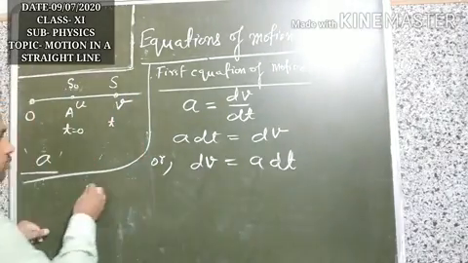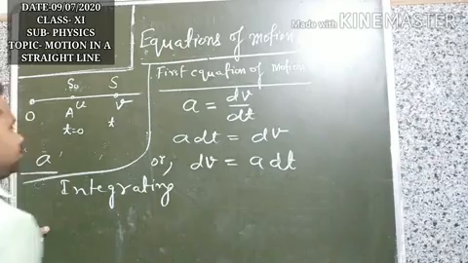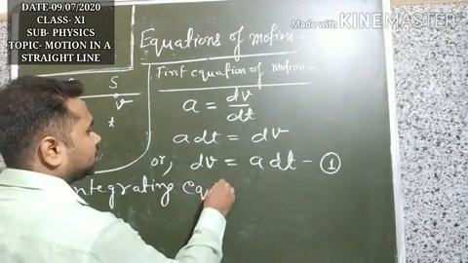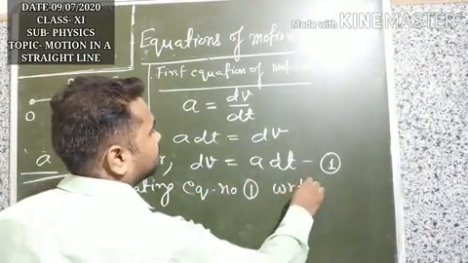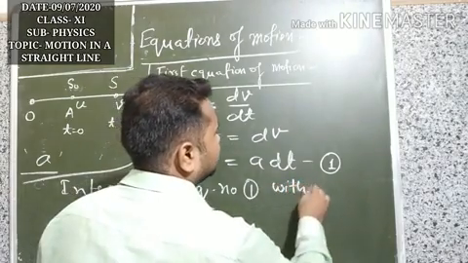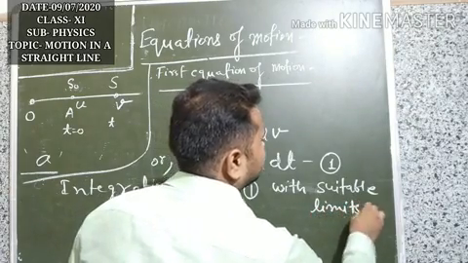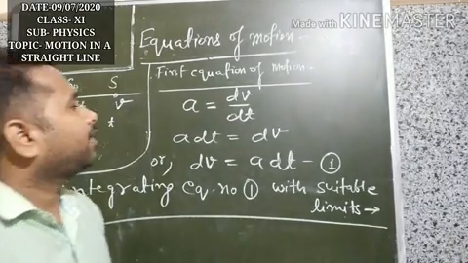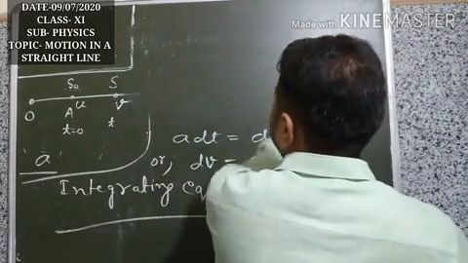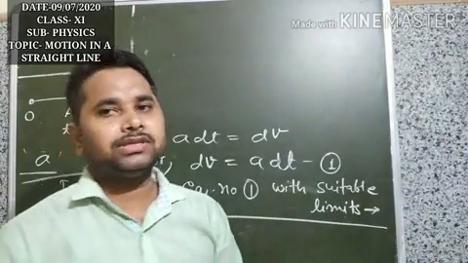So after this step you will write, integrating equation number 1 with suitable limits, means finite integration. Finite integration is also known as definite integration.